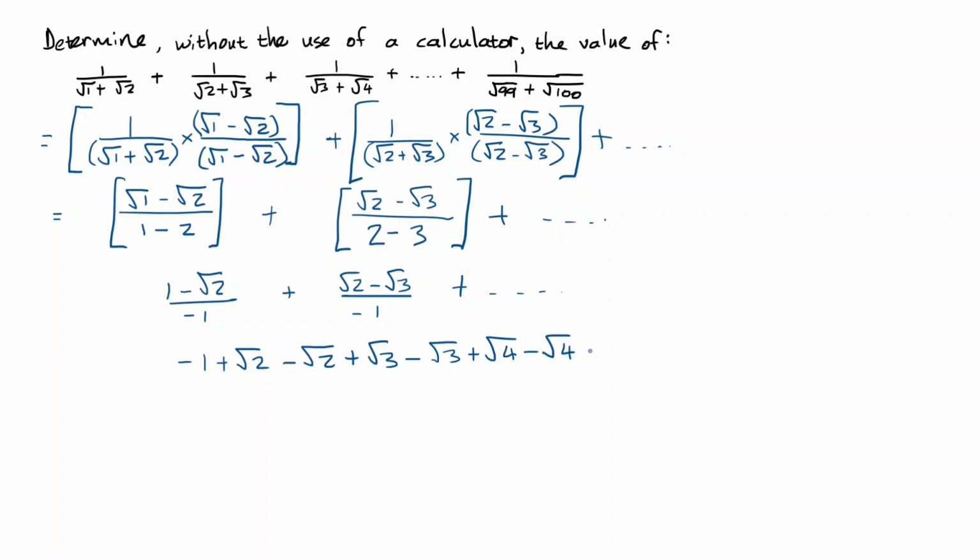This KIF pattern just goes all the way until the end, where I would end up with a positive root 100. As you've probably been checking out, all these terms are going to cancel. So I'm just left with the minus 1, and root 100, as you know, because you are a legend, is just 10.